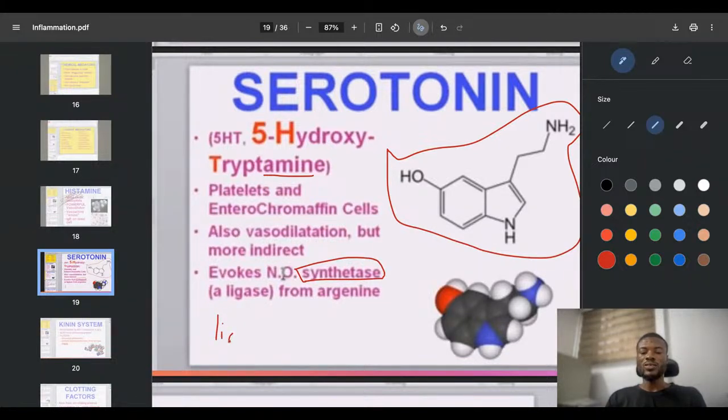It causes the binding of what? Two different biomolecules, ligase. And according to our source, this ligase is produced from arginine. That is not our problem. What you are supposed to know is that serotonin is a vasodilator, an indirect vasodilator, and causes the production of nitric oxide synthetase. All right.